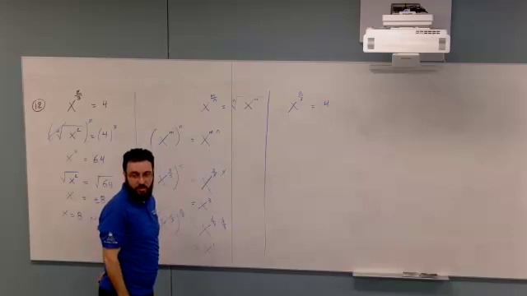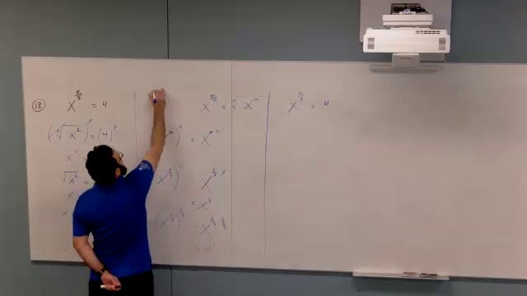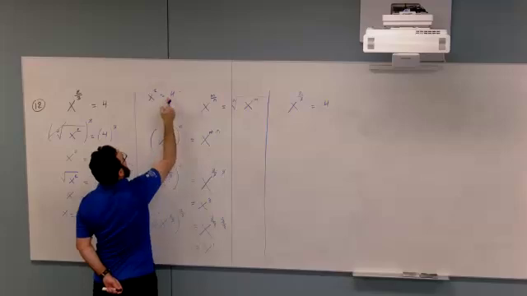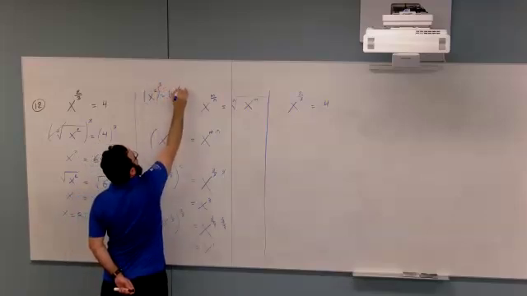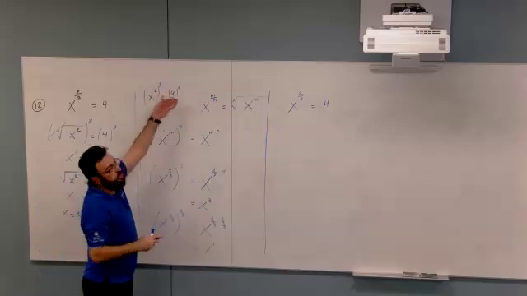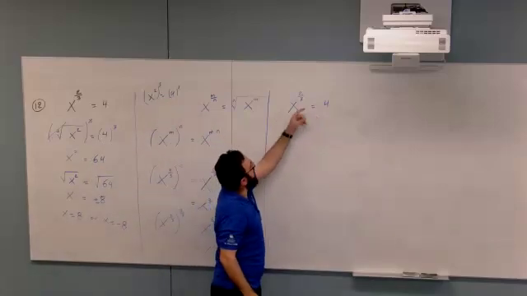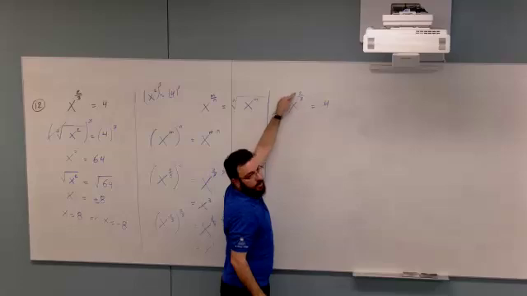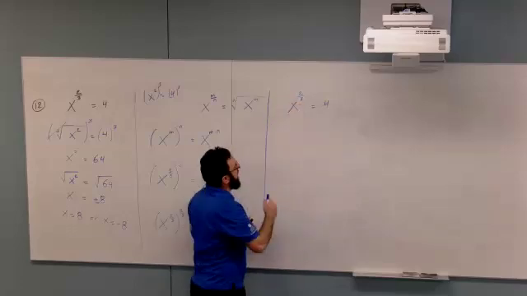Yes or no? It's fine. You can raise both sides like you have x squared equals 4. If you raise both sides to the same number, cubed, it's going to be fine. It's still equal, because everything you do to one side, you do to the other side. So if I raise both sides to the reciprocal of the rational exponent, what's going to happen?